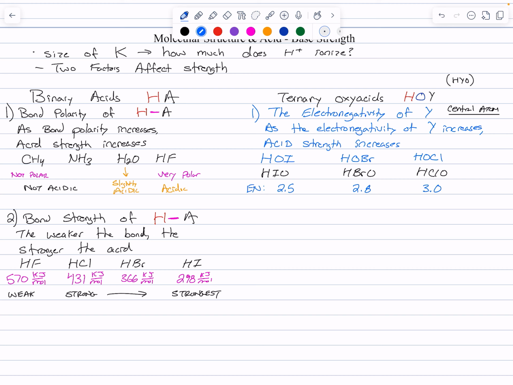All right, and then it gives you a Ka value. All right, for acid, Ka, we got 2.3 times 10 to the negative 11th versus 2.0 times 10 to the negative 9th and 2.9 times 10 to the negative 8.